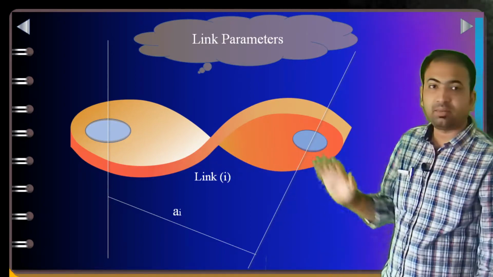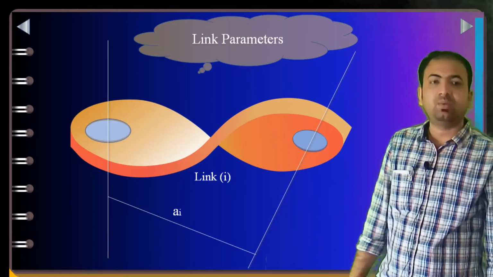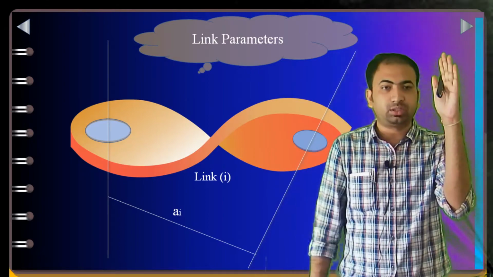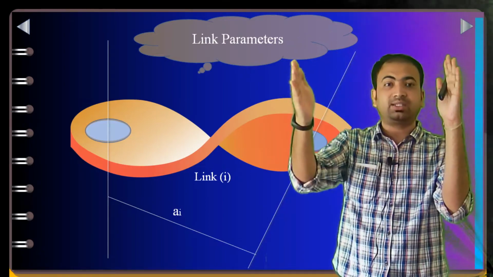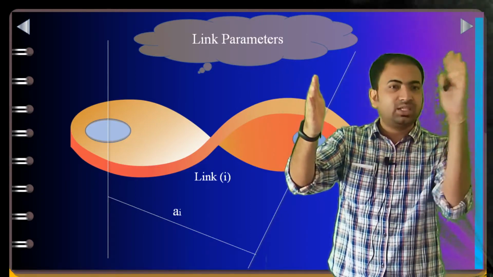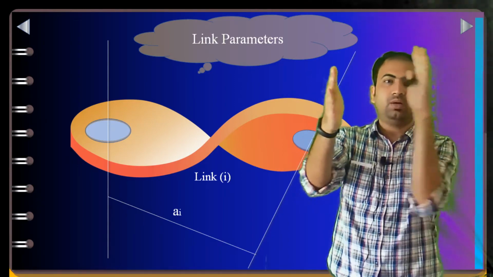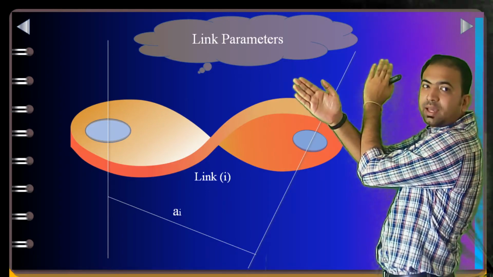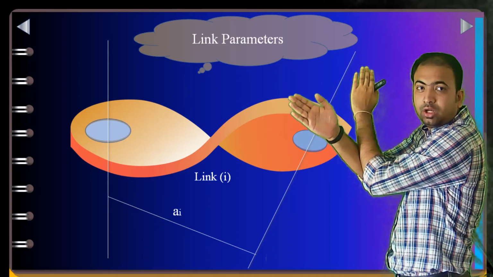That is what we have done here, and that is represented by a_i. Another thing is, as I said, here we have one joint axis and here we have the second joint's axis. Both will have a common normal, and both are making some angle. This angle in between will be our joint twist angle.